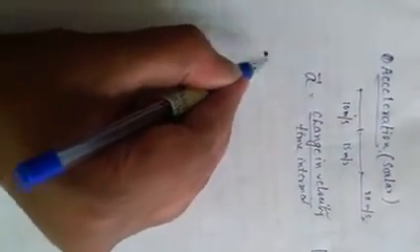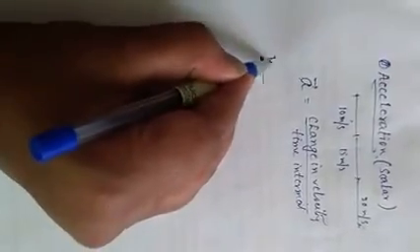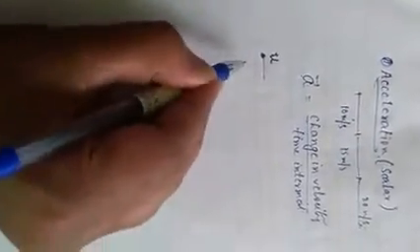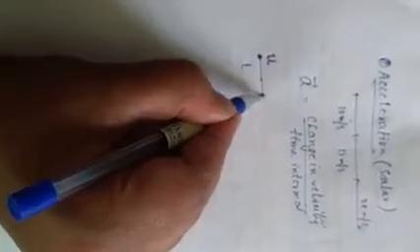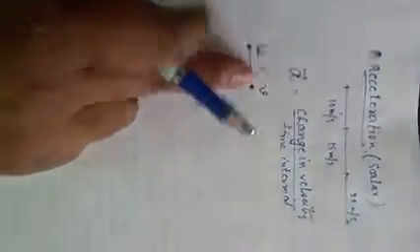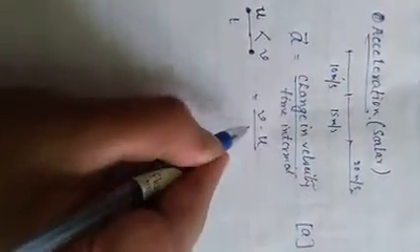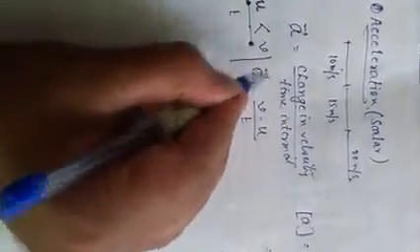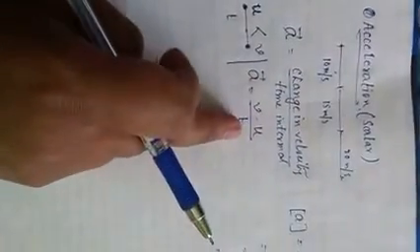Now change in velocity: let's say I'm talking about a particle which is initially moving with velocity u, and after some time t, its speed becomes v, where v is greater than u. What is the change in velocity? The change in velocity is v minus u. And the time is t. So a equals v minus u by t.